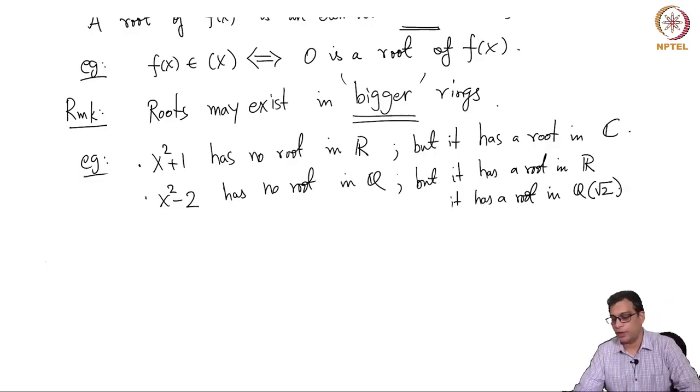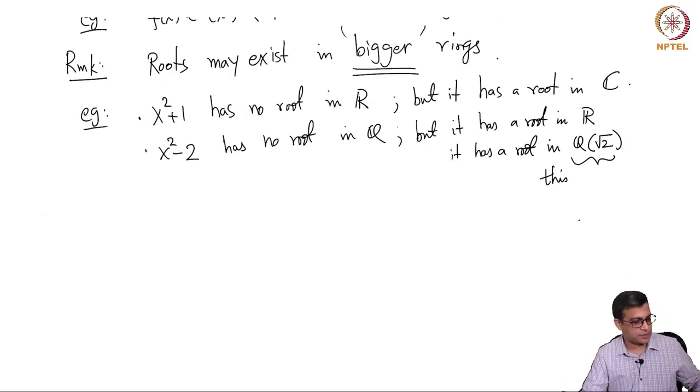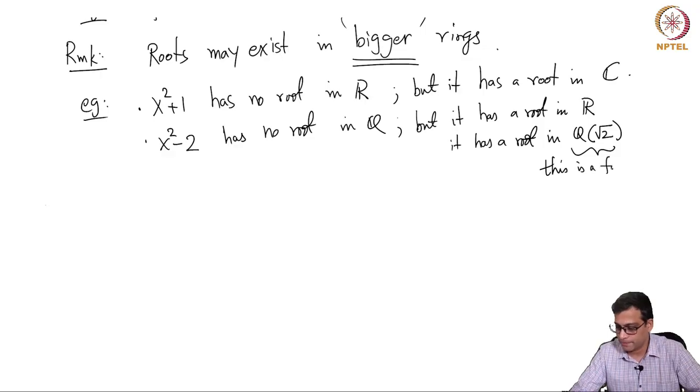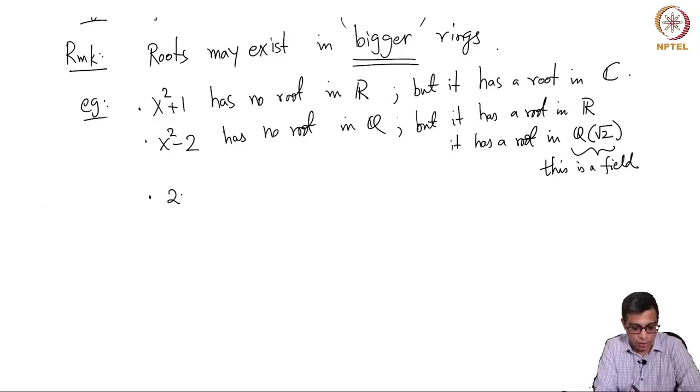In my review of field theory I will describe this in detail, but suffice it for now to say that this is a field. It doesn't have a root in Q because square root 2 is not rational. However, taking a slightly bigger field, you get a root.